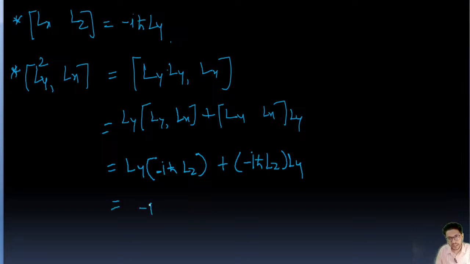So here we can take minus iota h cut common. So it is going to be Ly Lz plus Lz Ly. In a similar way, we can find this one, Lz square Lx, this commutation.